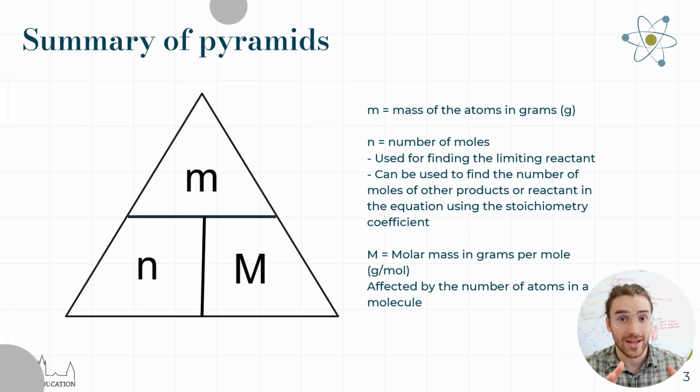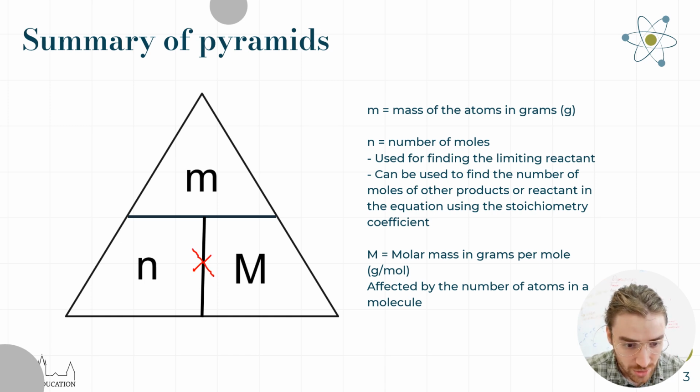But write this pyramid down. You must remember it. So small m over number of moles multiplied by our molar mass. Let me see if I can draw it here. This line represents a multiply.